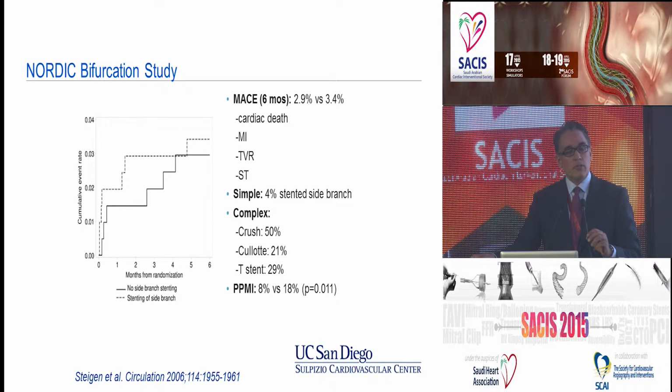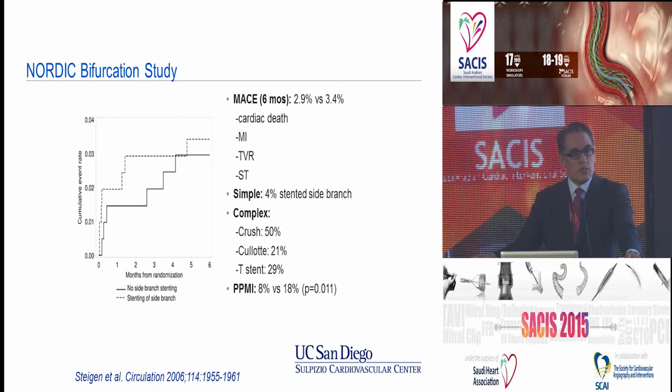In the single stent or simple approach, only 4% of the patients required a bifurcation stent. So the provisional stents were used highly infrequently. Keep that in mind. In the complex group, it was a combination of crush in half the patients and then culotte or T-stenting in the rest.